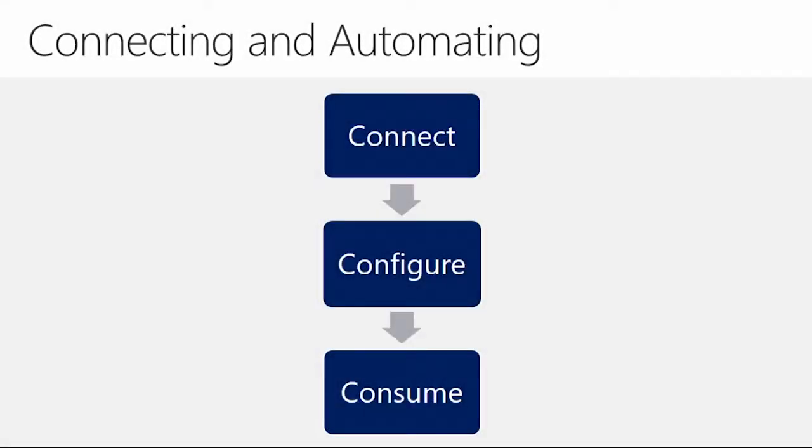So up until now, we've looked at the piece of taking the information that's there inside social engagement and surfacing it inside Dynamics 365, whether that's through a form or whether that's through a widget. What we haven't necessarily talked about is how do I take information that's in social engagement and actually physically do something inside Dynamics 365.